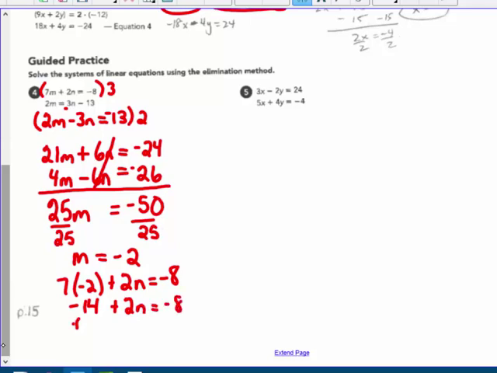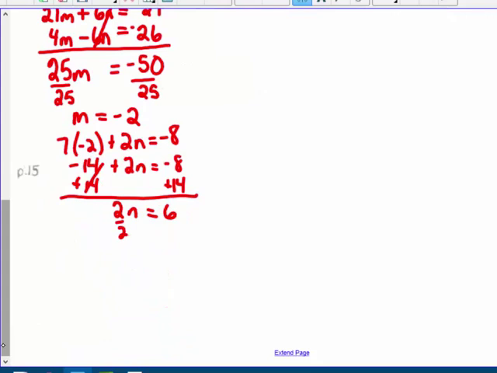I'm going to add 14 to both sides, and I get 2n's equals 6. Dividing by 2, I get n equals 3. So m is negative 2, and n is positive 3.